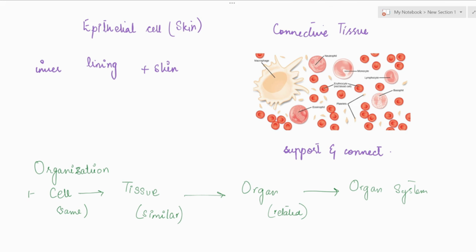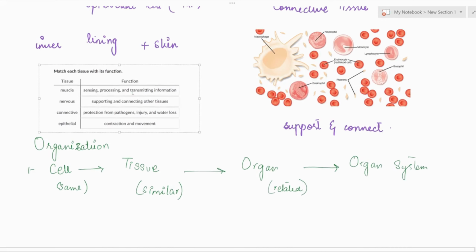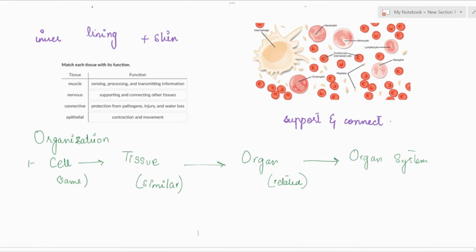I'm going to tell you a name, you need to tell me the organs. The name is digestive system. Stomach is one organ. Any other organ? Good. What else? Yes, liver. Small intestine, good. Large intestine, good. So you know the names now.